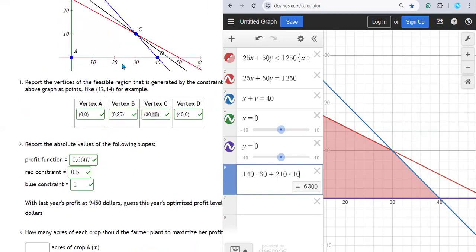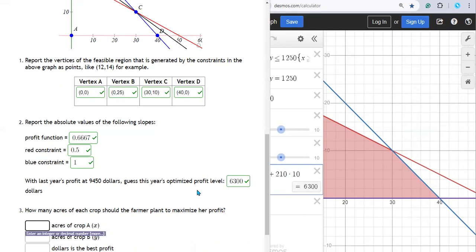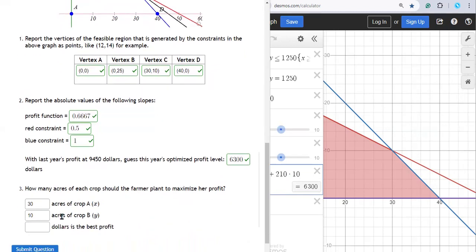So the optimal amount of acres, X is going to be 30, and we go up from 30. Point C is at a height of 10. So she's going to plant 30 acres of crop A and 10 acres of crop B, and her profits will be maximized at $6,300.